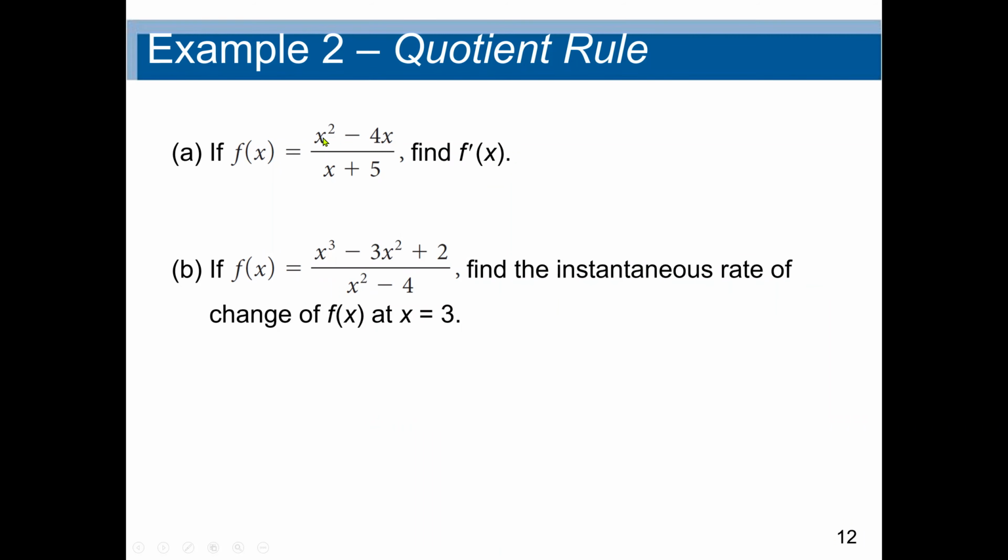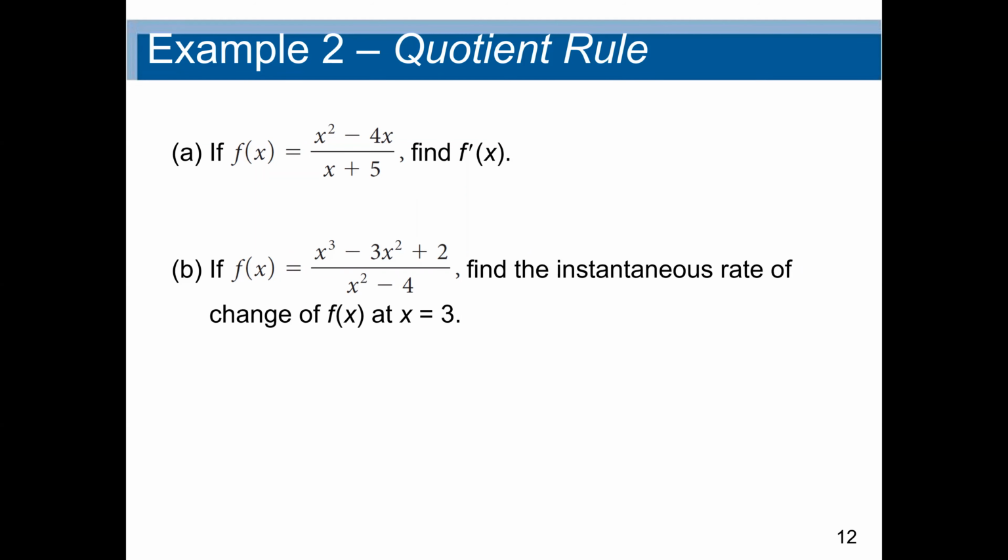We find the derivative of x squared minus 4x, then we multiply by x plus 5. So here we get 2x minus 4 times x plus 5, minus the derivative of the down. The derivative of x plus 5 is only 1. So it will be 1 times x squared minus 4x, all divided by x plus 5 all squared. Then that's it, you finish.